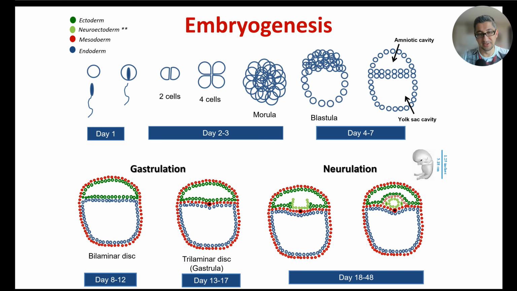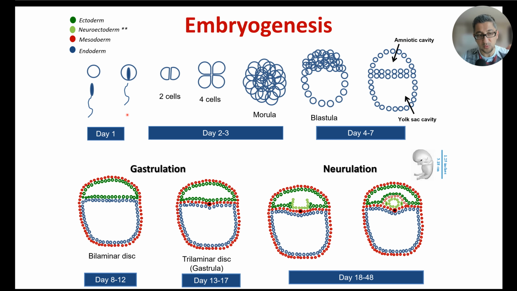Embryogenesis is crucially important in understanding spinal dysraphism, and I wanted to summarize briefly here. I colored the ectoderm in green, mesoderm in red, and endoderm in blue. Initially they are called epiblast, hypoblast, mesoblast, but I just simplified them.